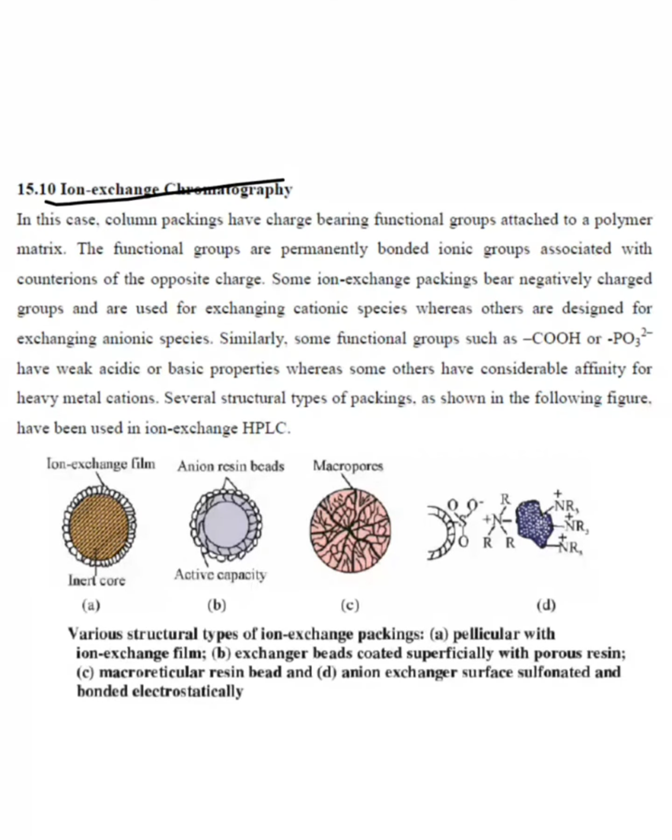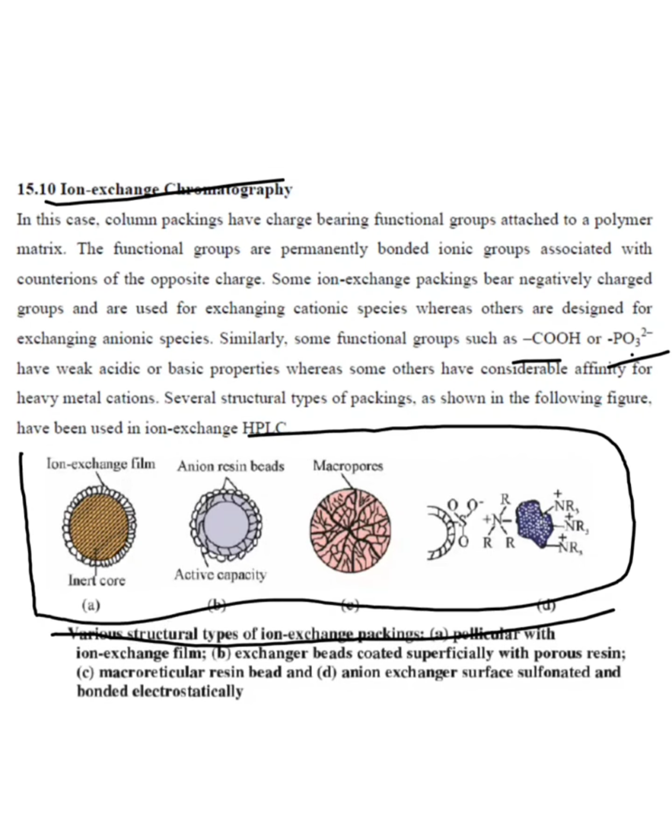For example, carboxylic acid and phosphate are used as exchangers of anionic species. And further, these are the different stationary phases used in the separation of samples.